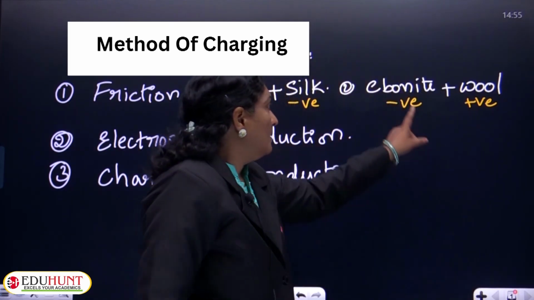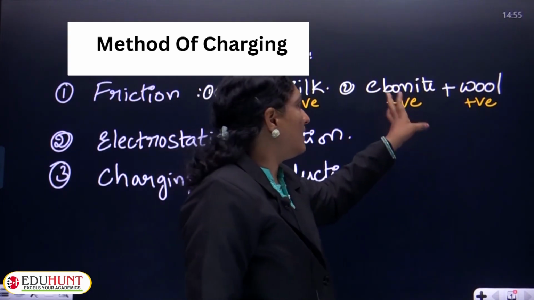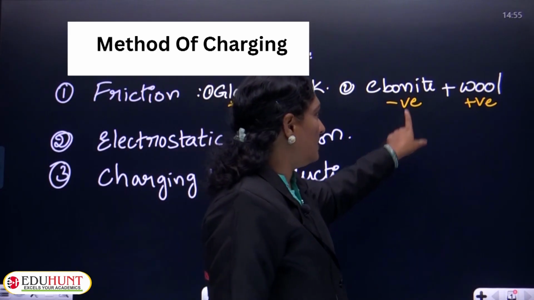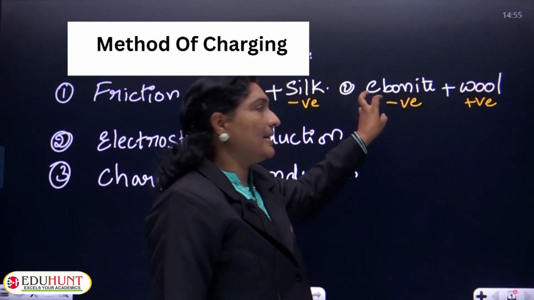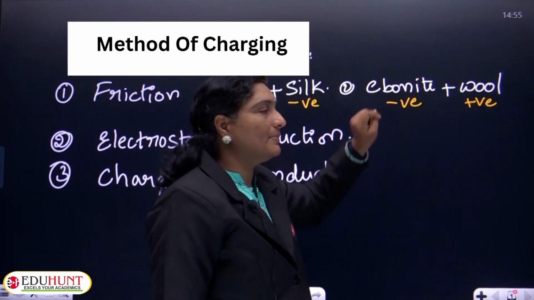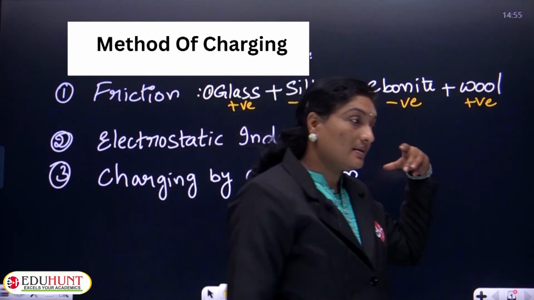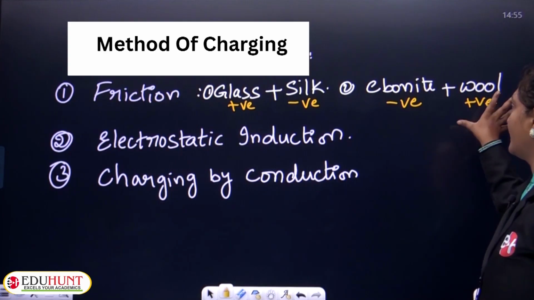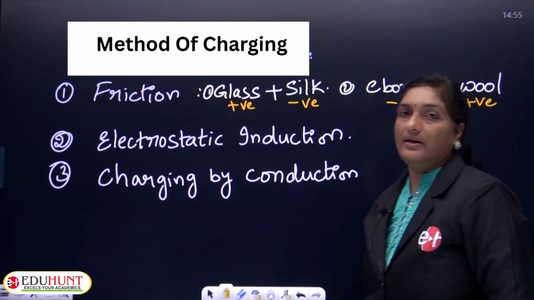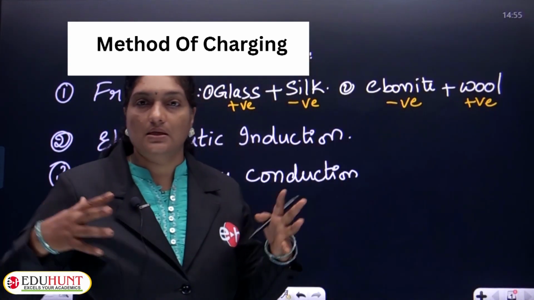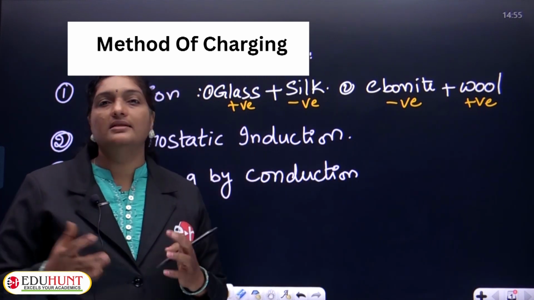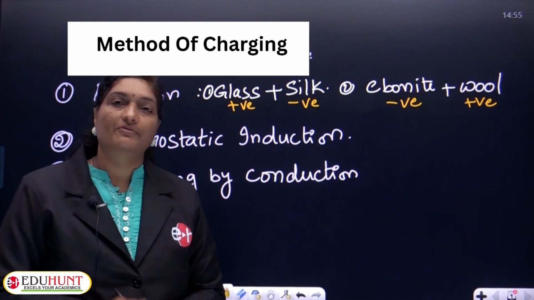Similarly, whenever an ebonite rod is rubbed with wool, the ebonite rod, by gaining excess electrons from wool, will become negatively charged, whereas the wool, while losing its electrons, will become positively charged. So, this is how bodies are charged by the method of friction.